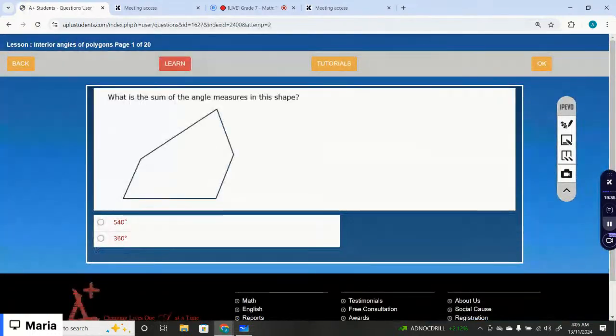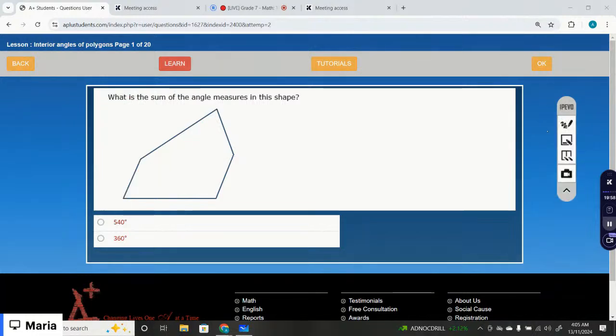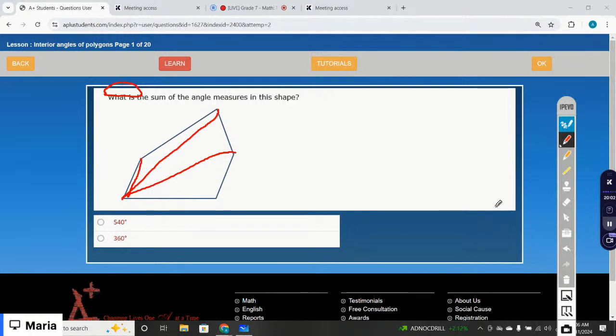What is the sum of angle measures in the shape? Right, so let's see how many triangles we can make in the pentagon. This is one, this is 2, and we have 3 triangles in the pentagon. So one triangle has 180-degree angles, and you have 3 triangles here.